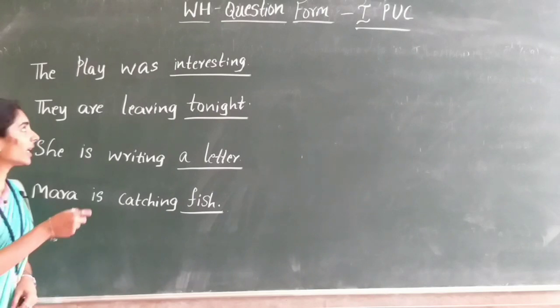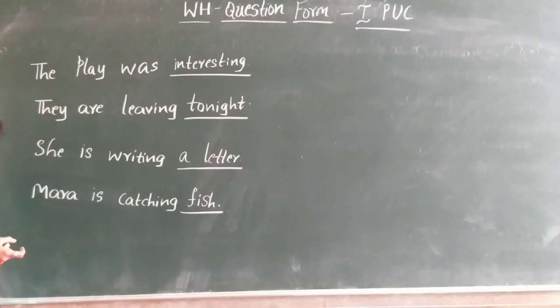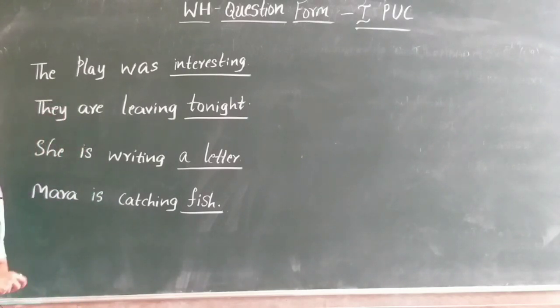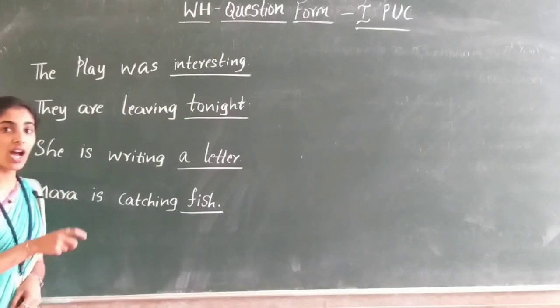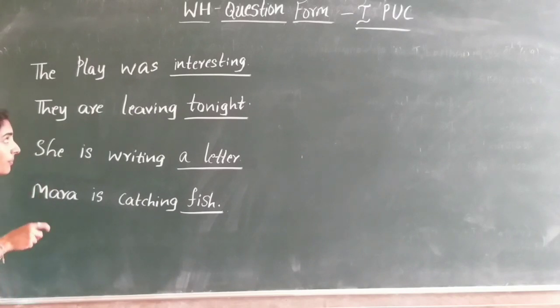As I said, in the previous session we learned how to frame a WH question if the subject of a sentence gets underlined. Today we are going to learn how to frame a WH question if the object of a sentence gets underlined.